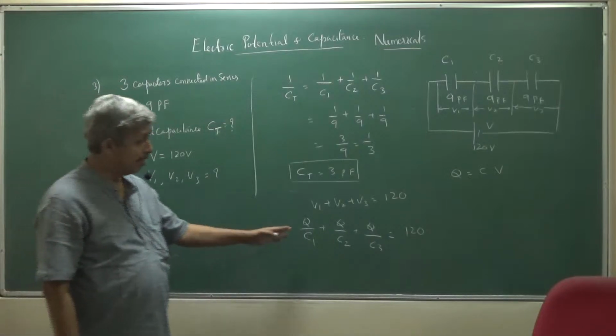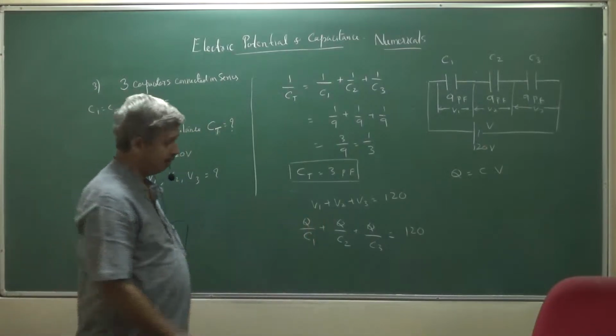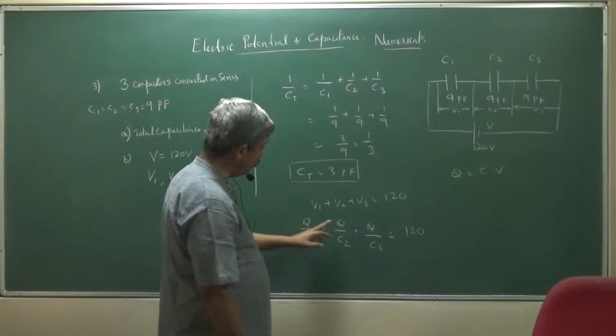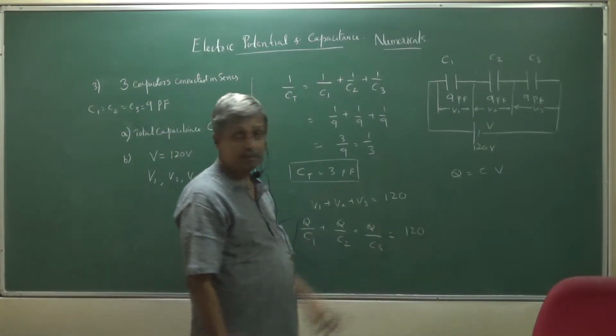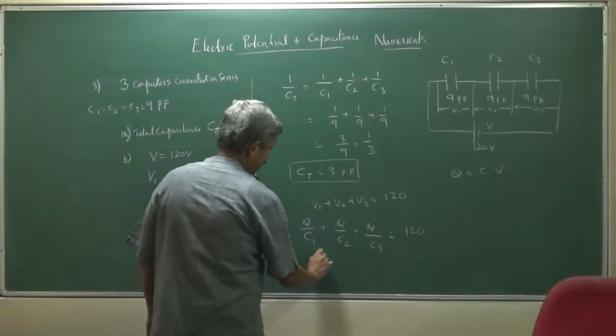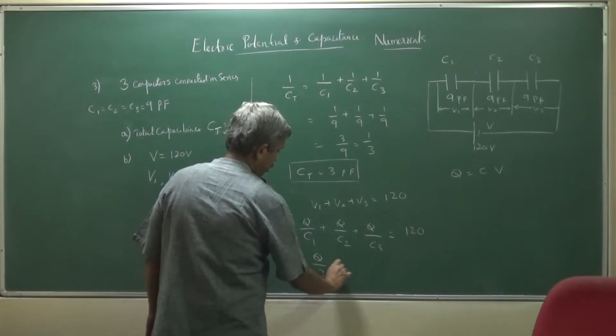Now I'm going to take Q common, and this whole 1 by C1, 1 by C2, 1 by C3 I have already calculated to be equal to 1 by 3, correct? So this will be nothing but Q by 3 is equal to 1.